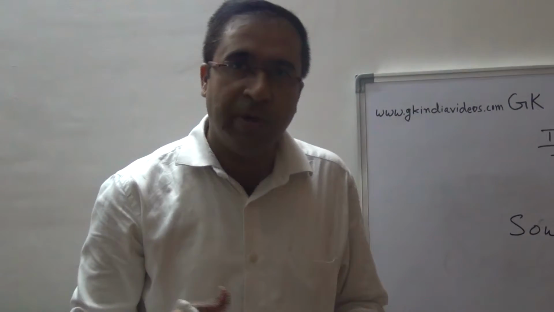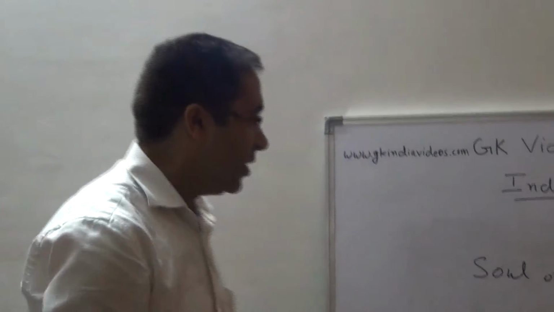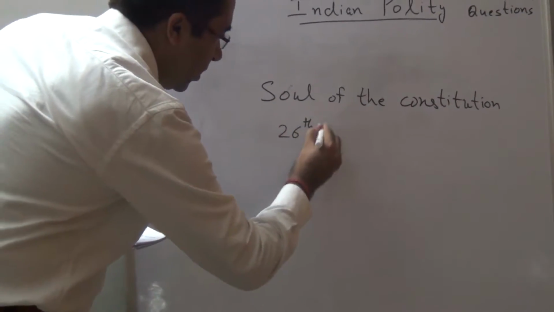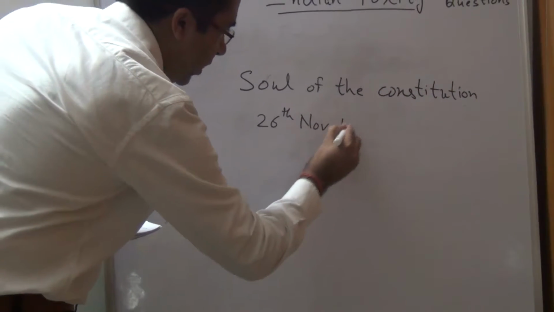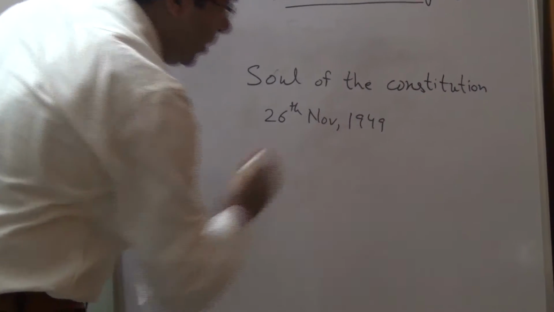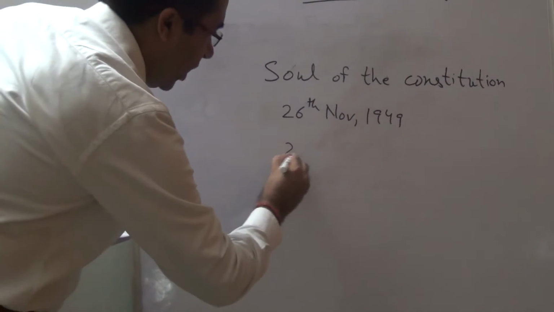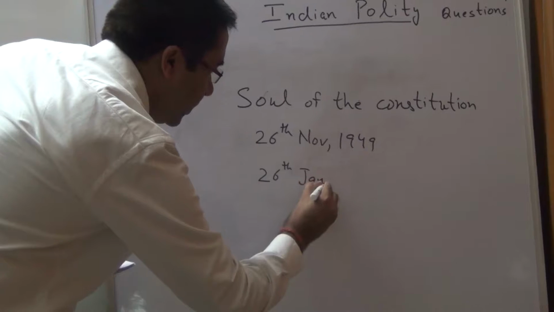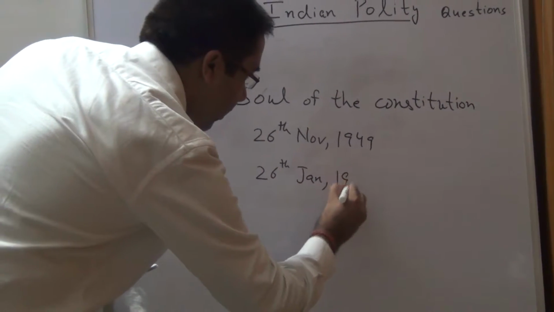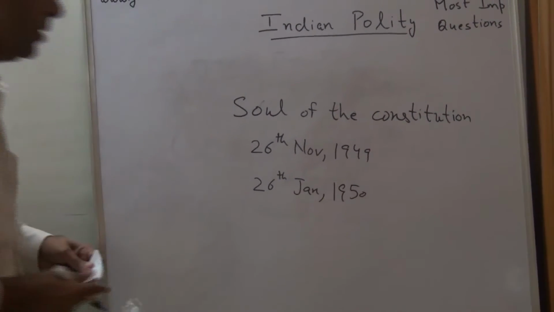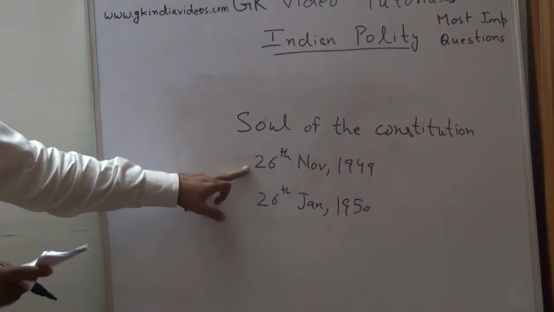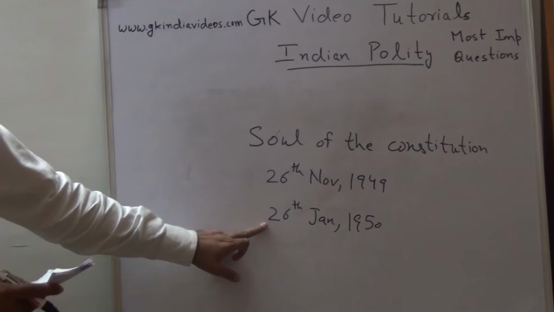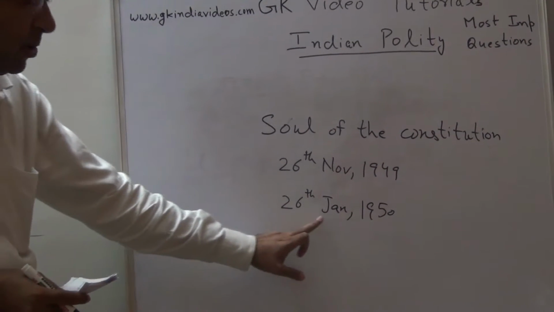And it came into effect on which date? It was adopted on 22nd November 1949 and it came into effect on 26th January 1950. So this was the date when it was adopted by the Constituent Assembly and this was the date when it came into effect.